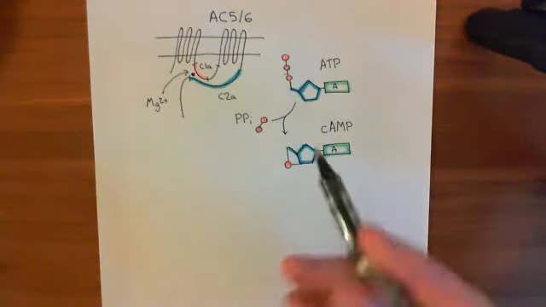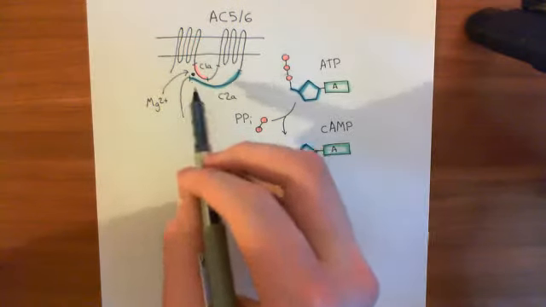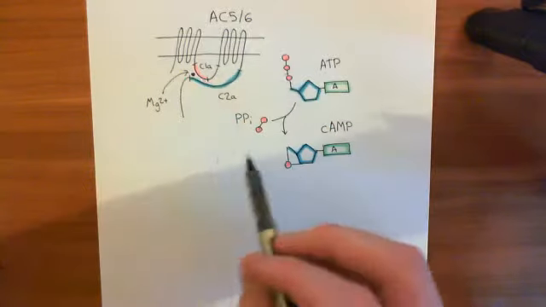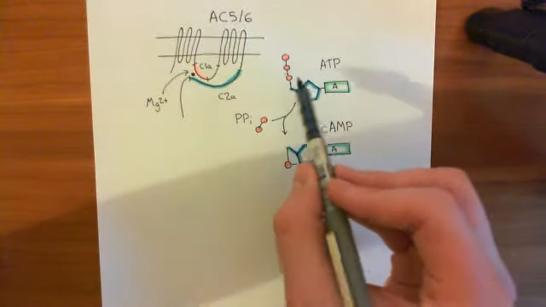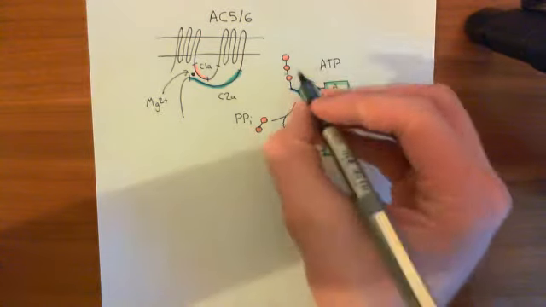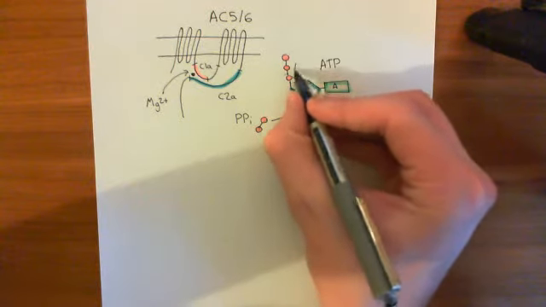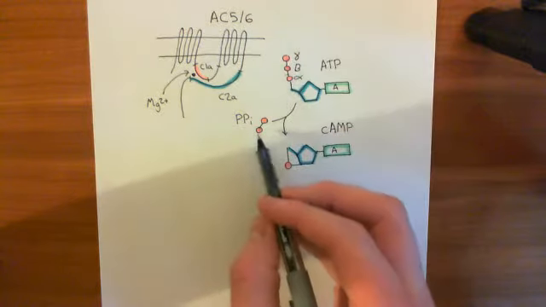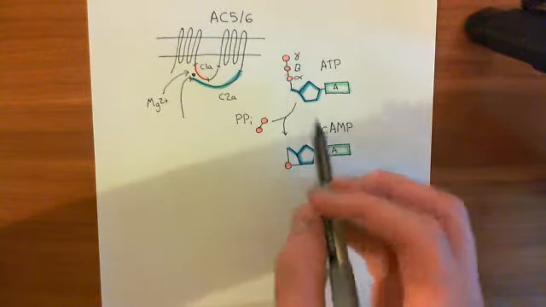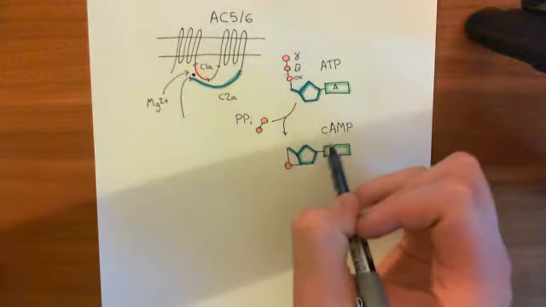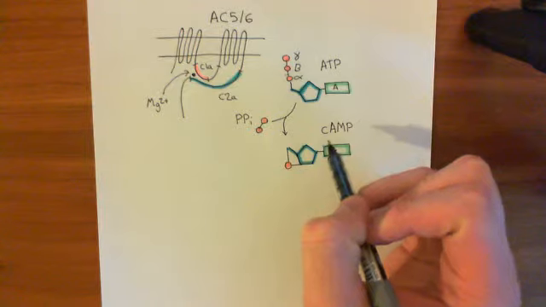So what happens is the ATP comes in, the negative charges of the phosphate groups bind to the magnesium ion, and then the enzyme catalyzes the breaking of the bond between the alpha and the beta phosphate. This is the alpha phosphate, this is the beta, and this is the gamma phosphate of ATP. That gives you the pyrophosphate, and then you bind the alpha phosphate to the 3rd carbon down here to create cyclic adenosine monophosphate.